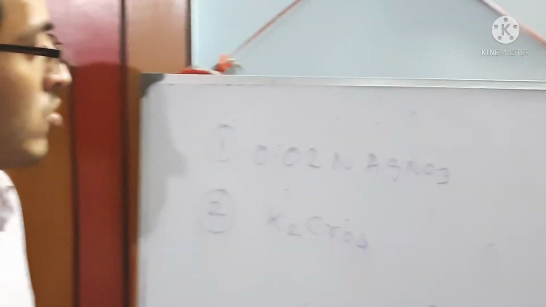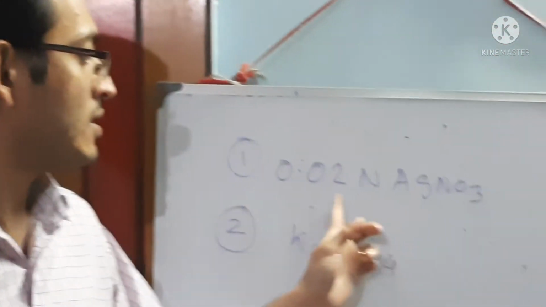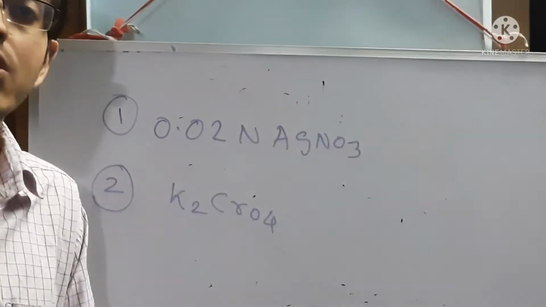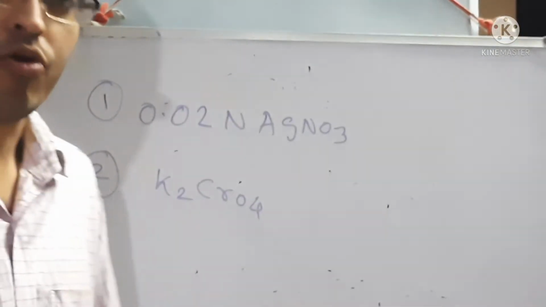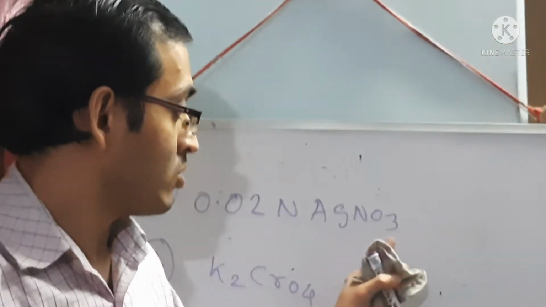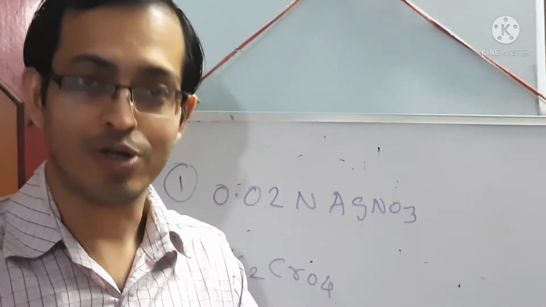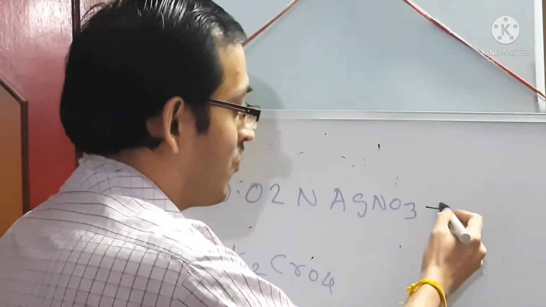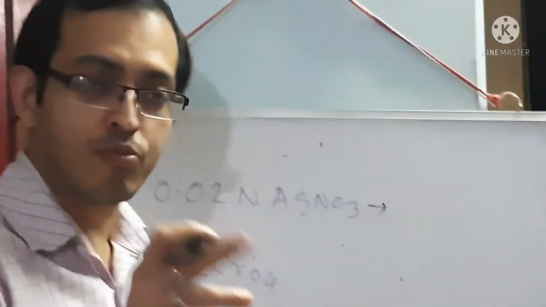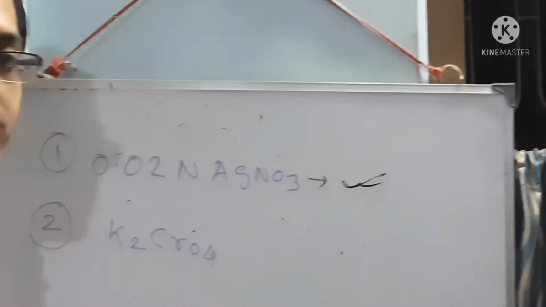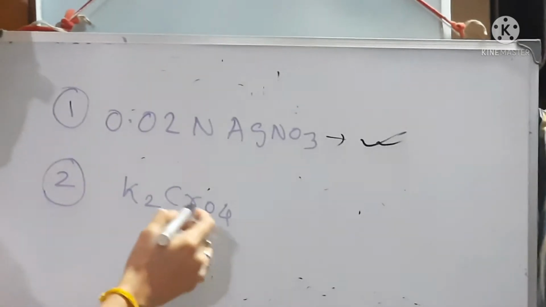So the first chemical is 0.02 normal AgNO3. This AgNO3 solution we have to put in the burette. So firstly we have to fill our burette with this solution. Okay, I will show how.